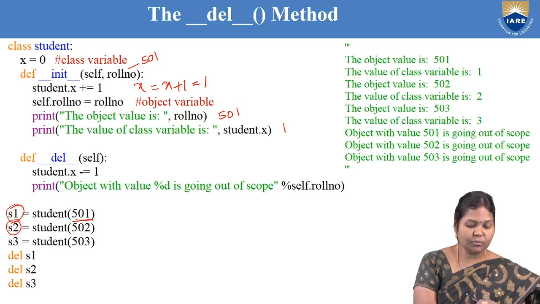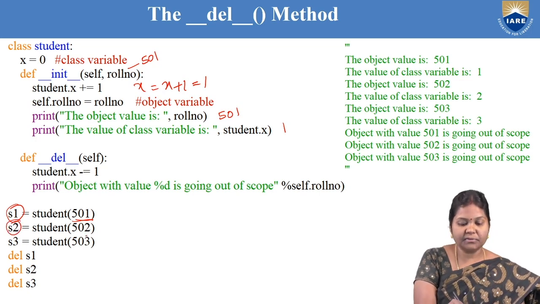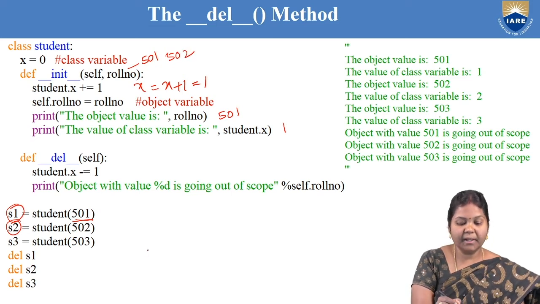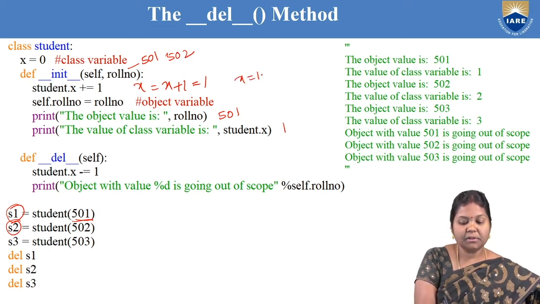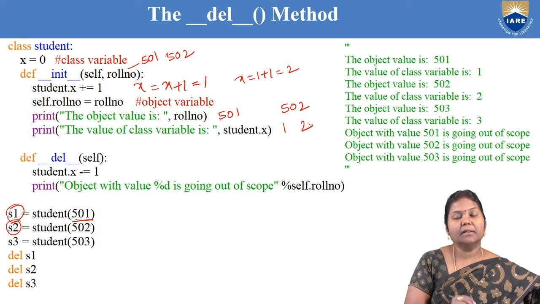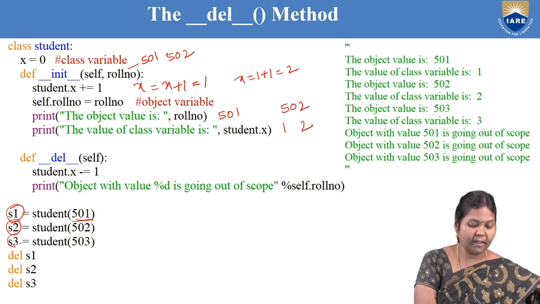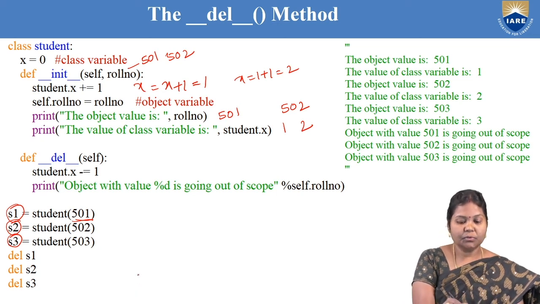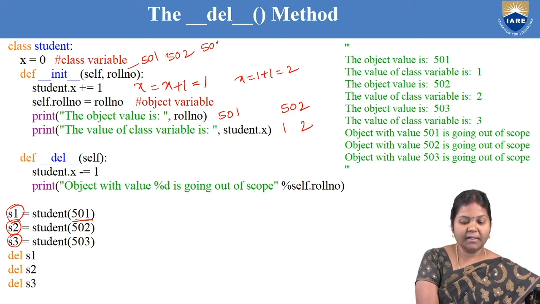Similarly, for the S2 object, we pass the roll number as 502 and the class variable is incremented by 1 again. So x becomes 1 plus 1, which is 2, and we print both. So 502, and the class variable is 2 now. For the third time, when the third object is created for the Student class, we pass the roll number as 503.